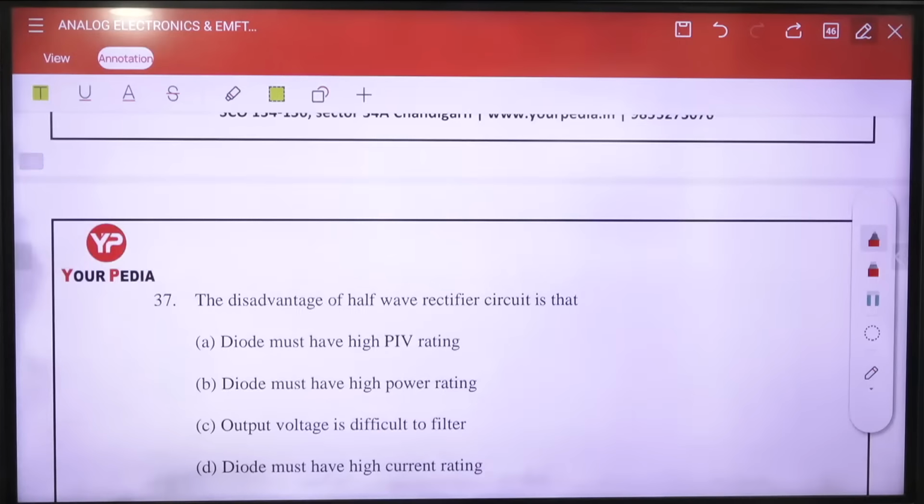Yes. The disadvantage of a half wave rectifier circuit is what?